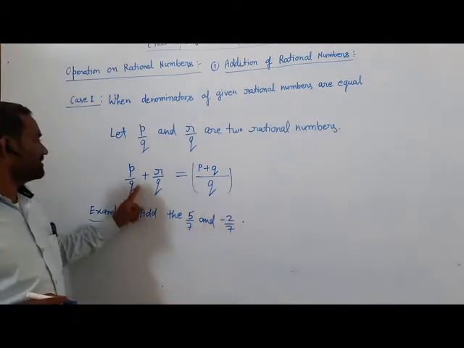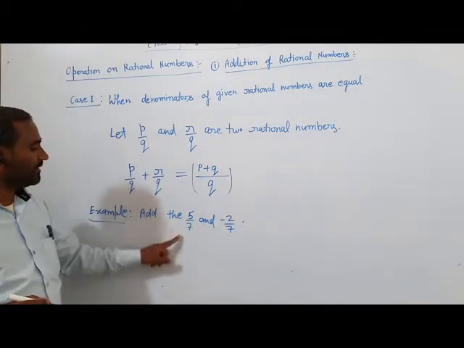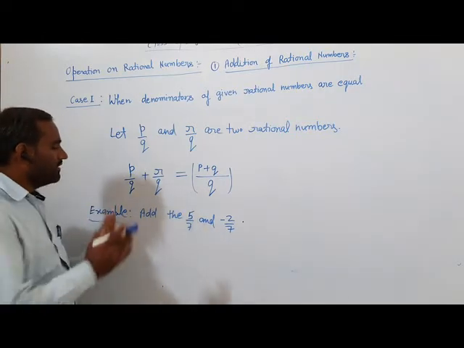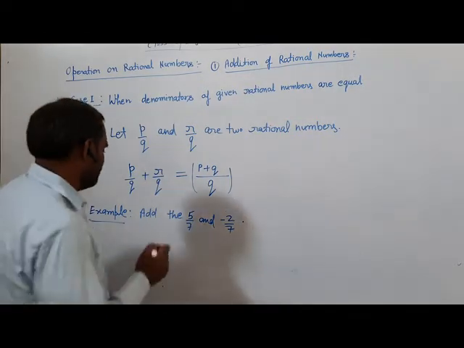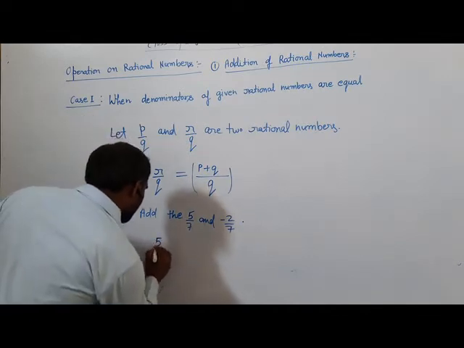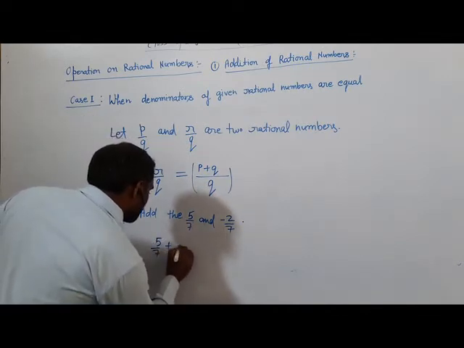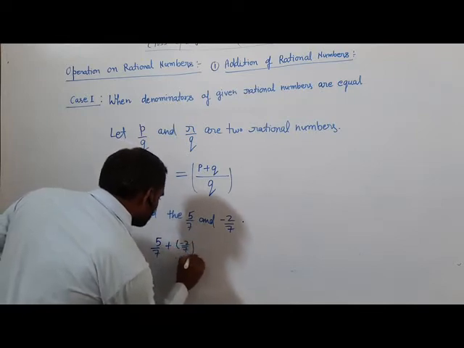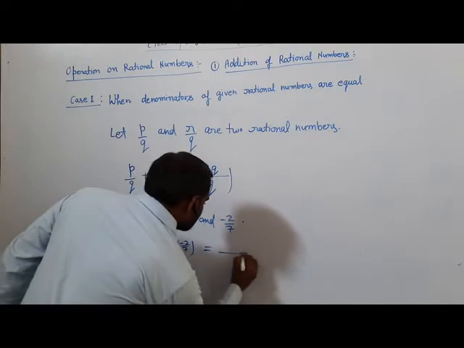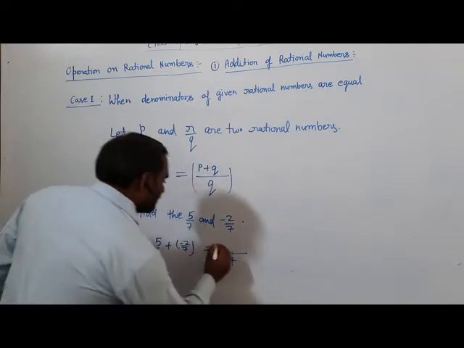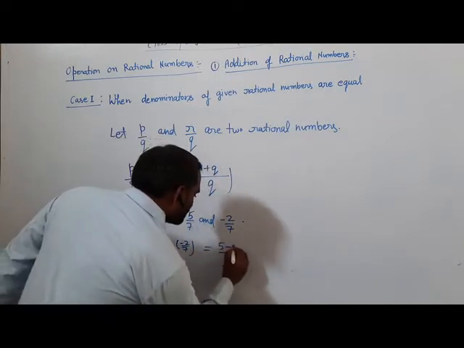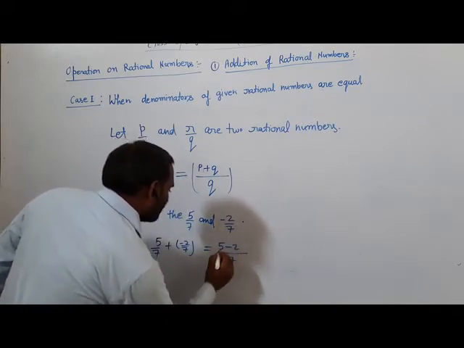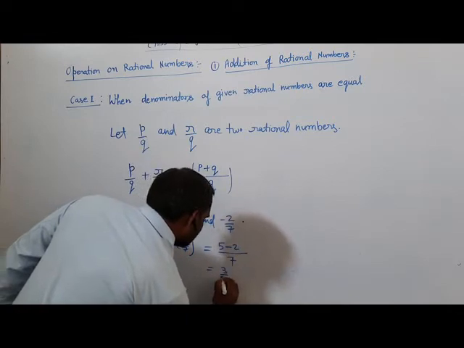So we write the common denominator and add the numerators. 5 by 7 plus minus 2 by 7 is equal to 5 minus 2 by 7. Subtracting 2 from 5, we get 3 by 7.